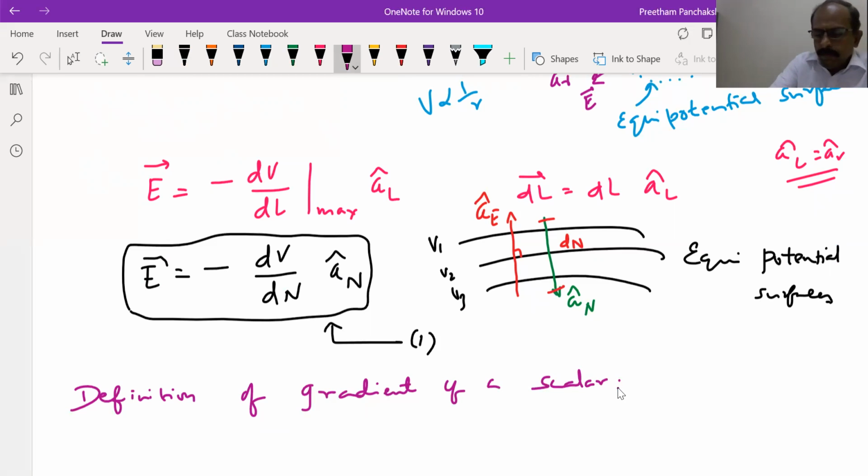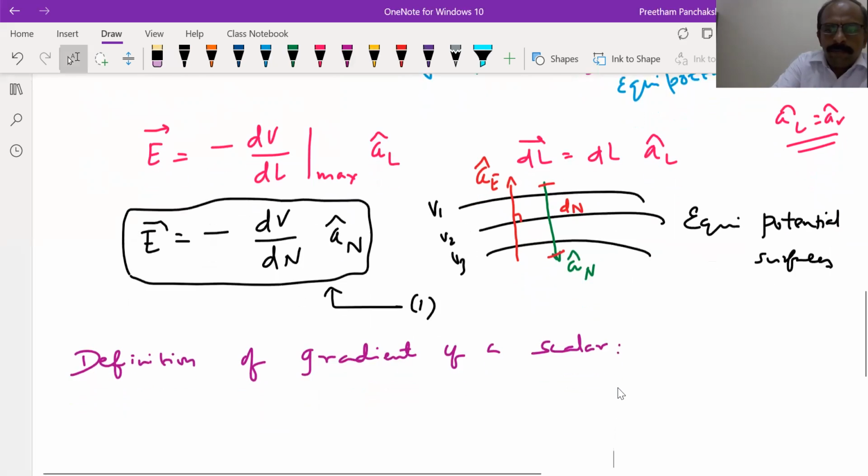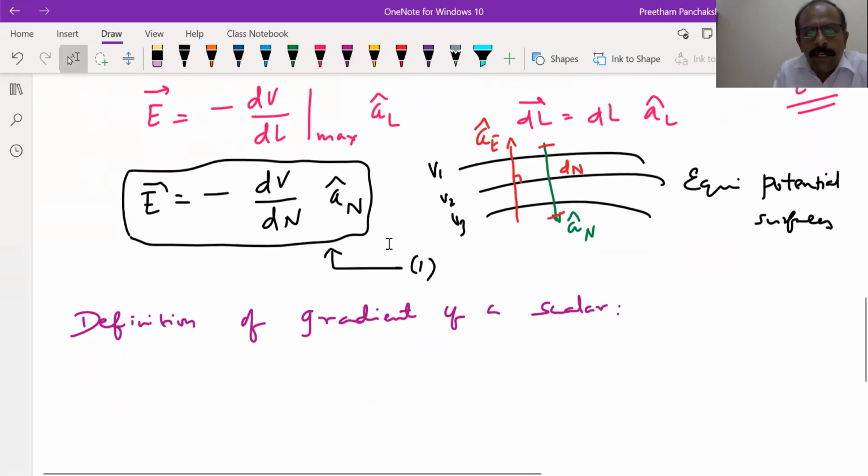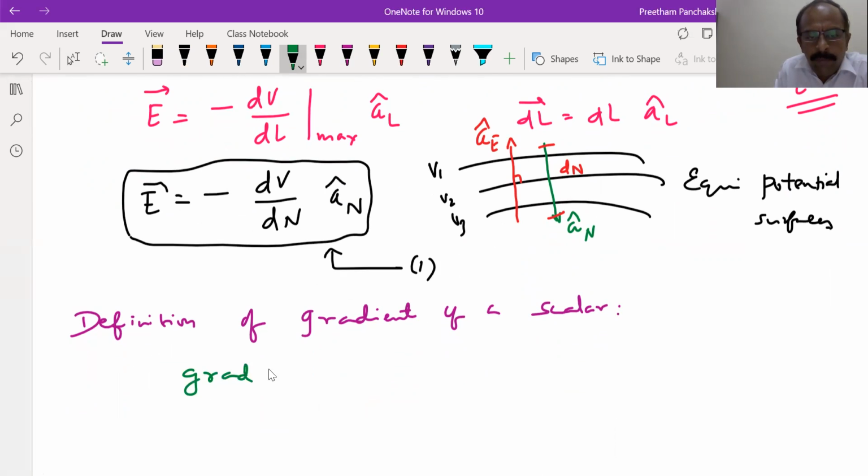From the literature, we have the definition of the gradient, which is defined as: the gradient of any scalar t is simply the rate of change of t with respect to normal distance.